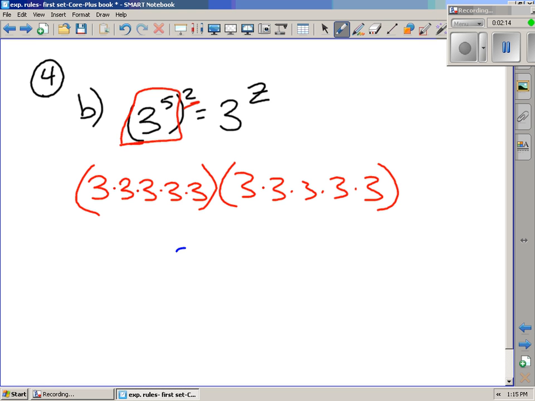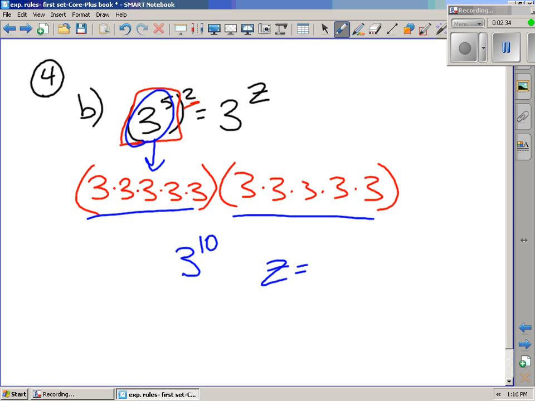So in total, we write this base of 3 5 times, 10 times. So 3 to the fifth power to the second power is equal to 3 to the 10th power. So z is equal to 10.